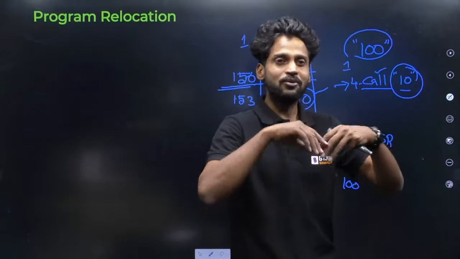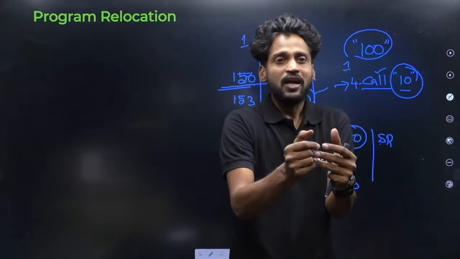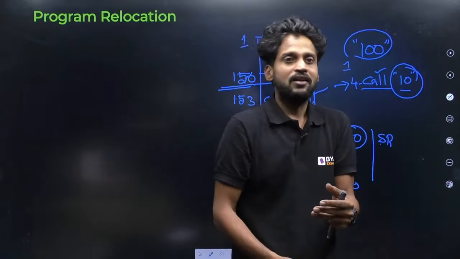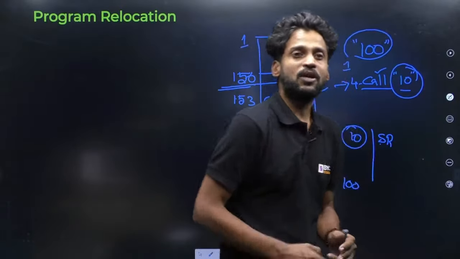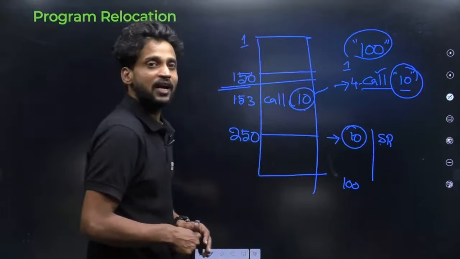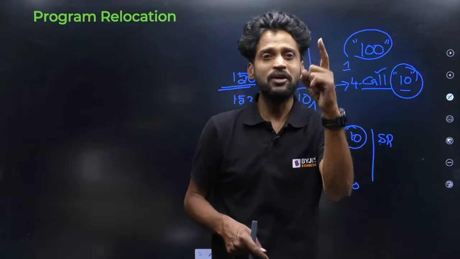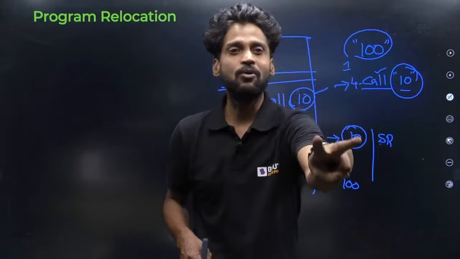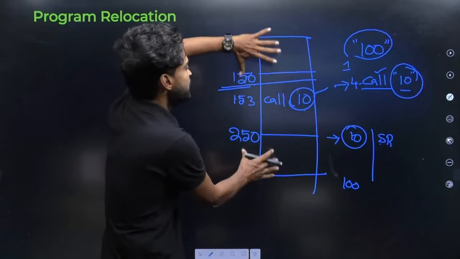So we need to take necessary care that the branches are appropriately taken. They will be branched to the respective location within the program. How is that going to happen? That is going to happen by using two addressing modes, because the program is getting relocated in the main memory when it is being executed.